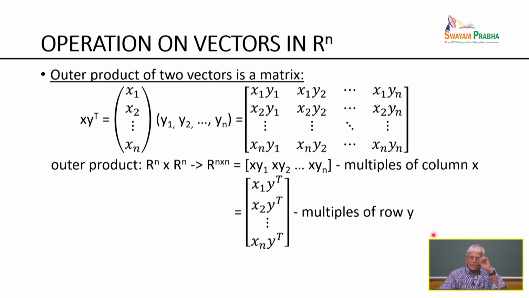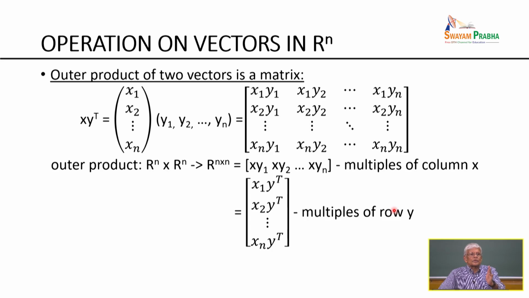So you can look at the structure of this. The first column, look at that, is the vector x multiplied by y1. The second column is the same column x multiplied by y2. The nth column, the vector x is multiplied by yn. So I can think of this as each column of the matrix being a constant multiple of the same vector.